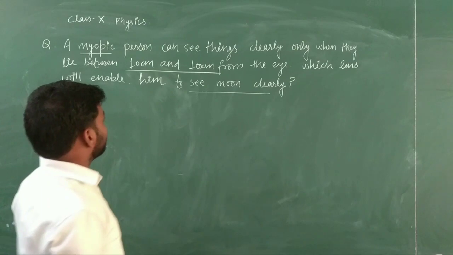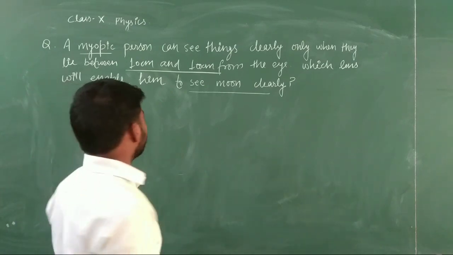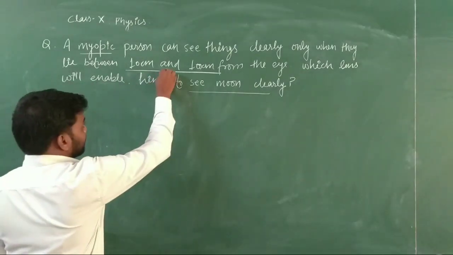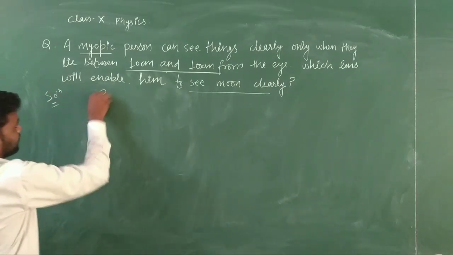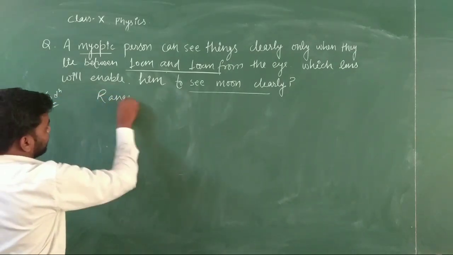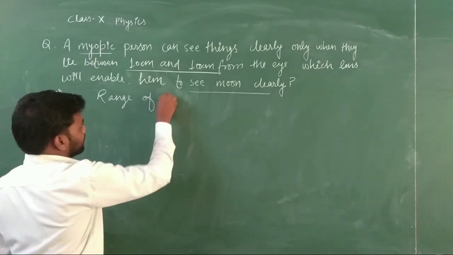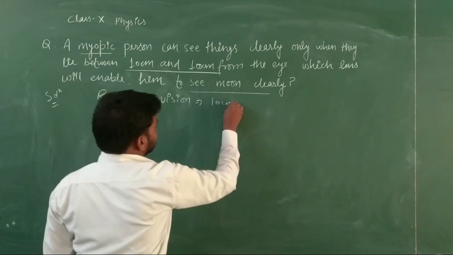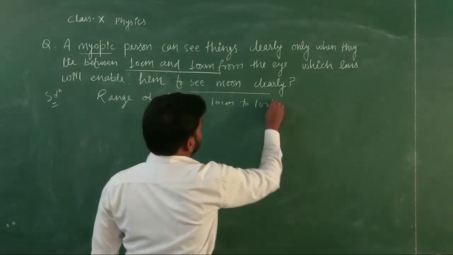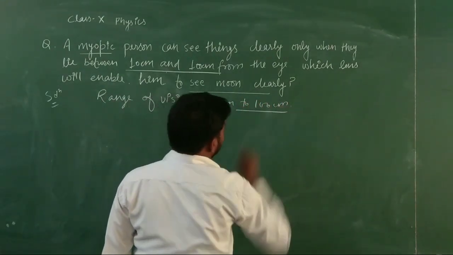But here two values are given. Actually, it is the range of vision up to which he can see clearly, that is 10 centimeter to 100 centimeter.